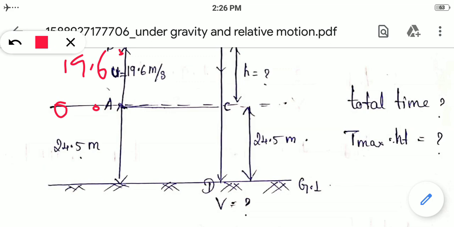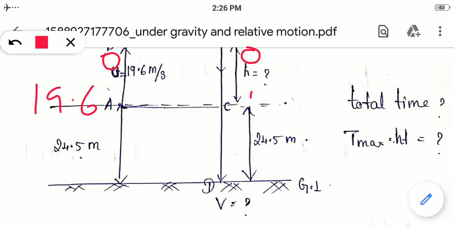Initially we are throwing the ball with a velocity of 19.6 and at the top it will reach 0. While returning, what will happen? Here it will be 0 and when it reaches C it will be 19.6. This is the concept.